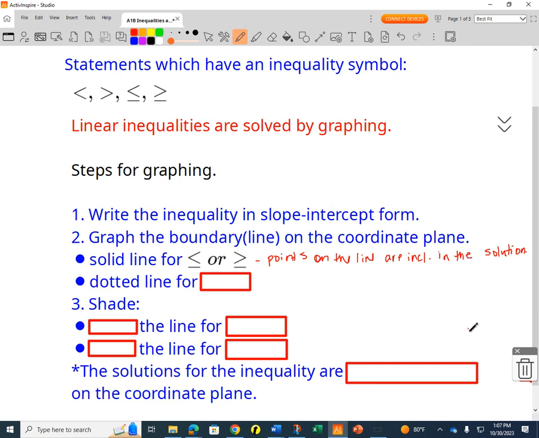Now when we're graphing the boundary or the line on the coordinate plane, if it's a less than or greater than, remember, it's a dotted line. And the points on the line now are not part of the solution.